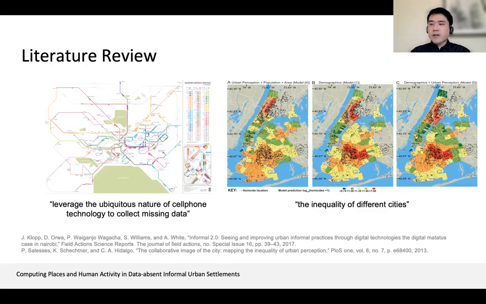Therefore, identifying a viable digitization approach for informal areas or informal places is very critical for urban planning, particularly for sustainable development, emphasizing the ecological, economic, and social justice.